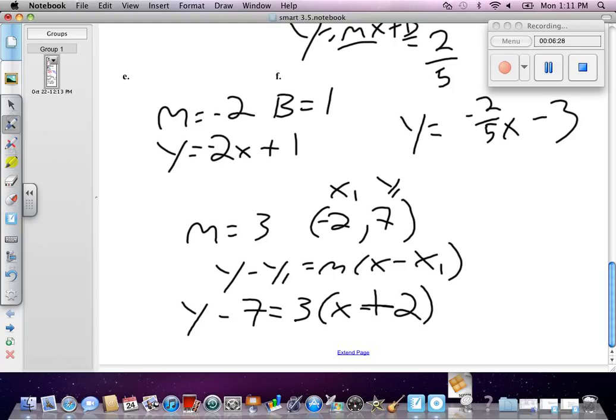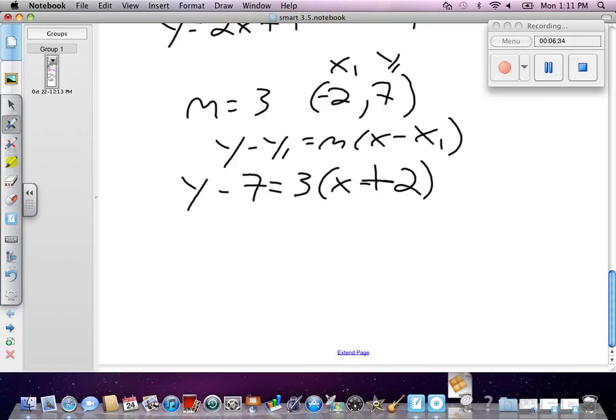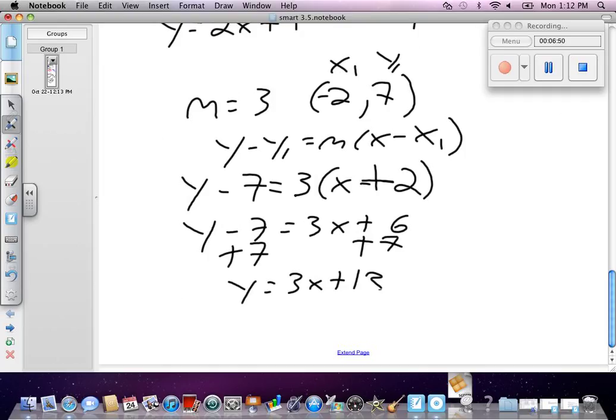You distribute. Now to get it in slope-intercept form, I distribute the 3, and I get y minus 7 equals 3x plus 6, and then what do I do? How do I get y by itself? There we go. That's 7. So y equals 3x plus 13.